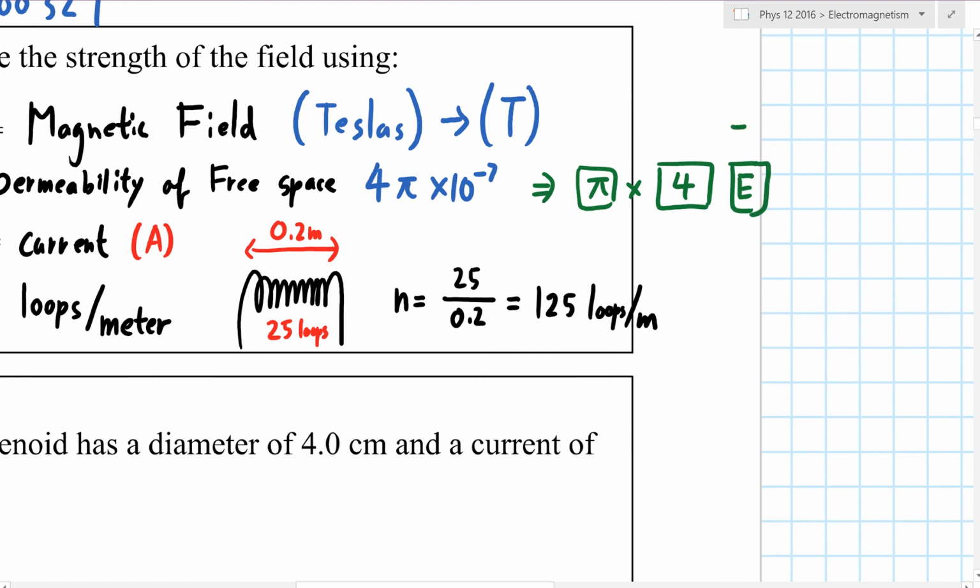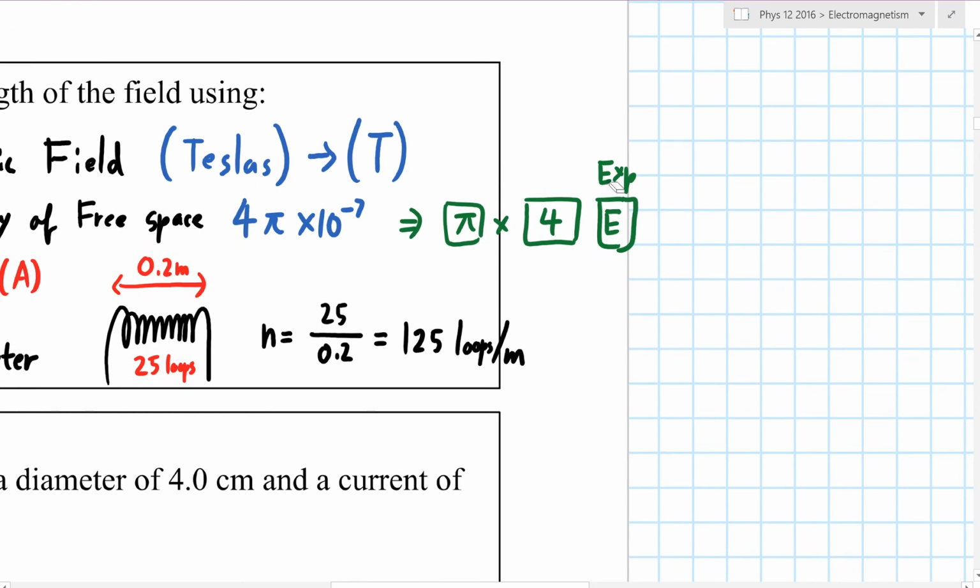Remember the exponent button, the EXP button? The one that I asked you to use instead of the times 10 to the power of. It's either e or e to the power of something, or in some calculators, it's the times 10 to the power of button. So I would do 4 e negative 7 and multiply the pi toward it at the end or at the beginning. So when you want to deal with that constant, you kind of need to do it this way.